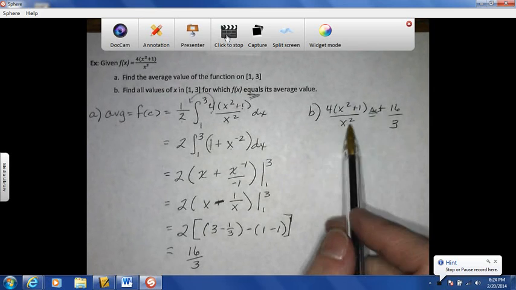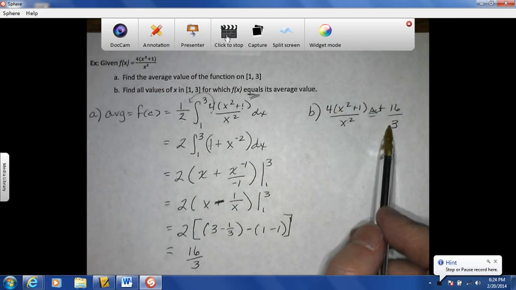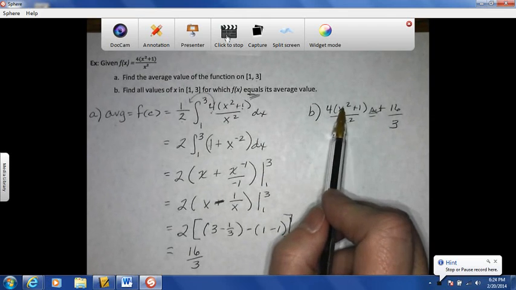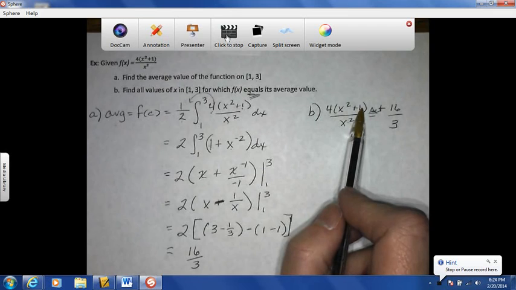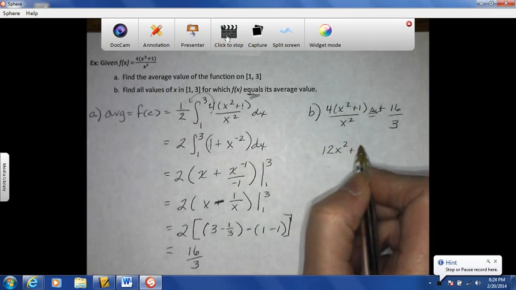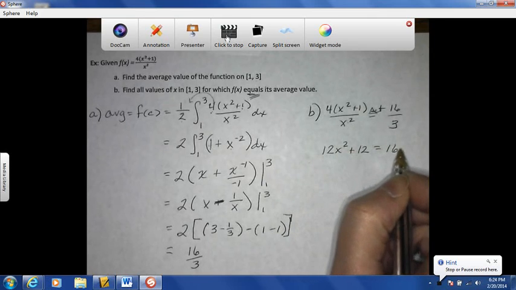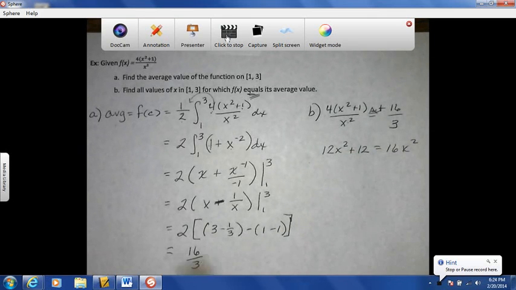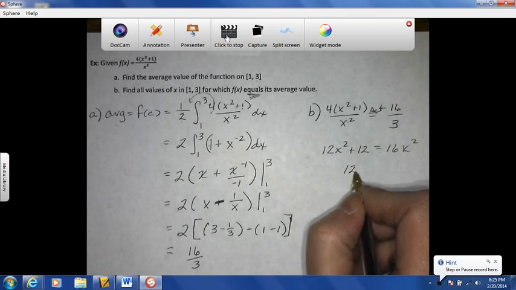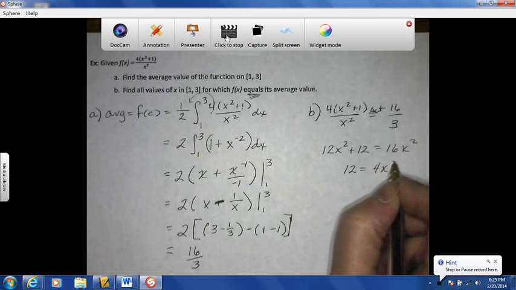Now, in order to solve this, I'm going to cross multiply, and when I cross multiply here, 4 times 3 is 12, and then 12 is going to be distributed into our quantity. So we'll have 12x squared plus 12 equals 16x squared. I'm going to move my quadratic terms over to the right-hand side. So 12 is equal to 4x squared.